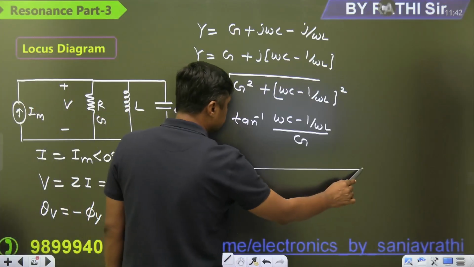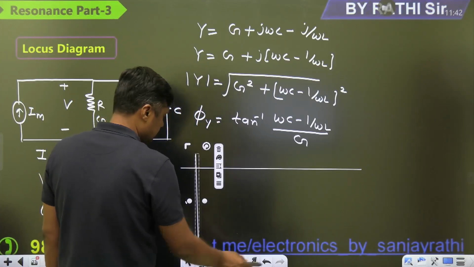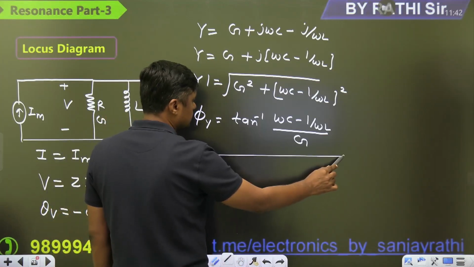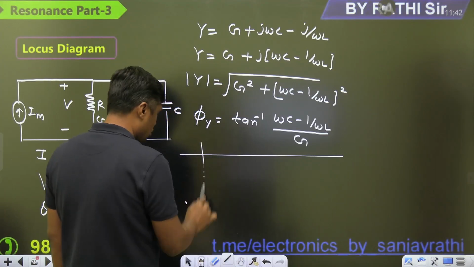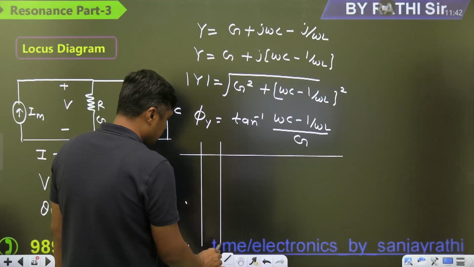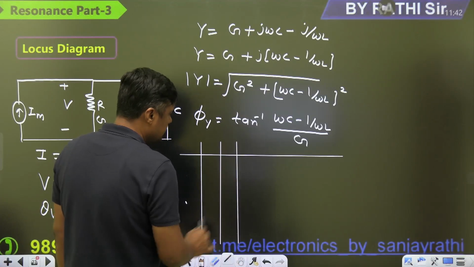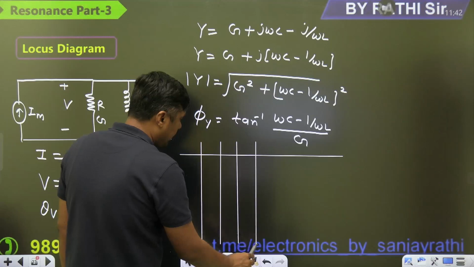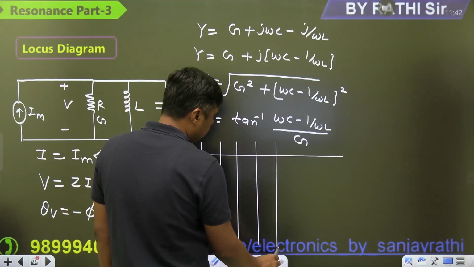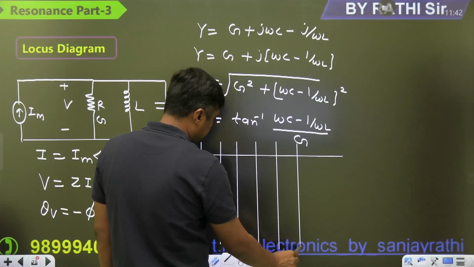You can draw: omega, YL, YC, magnitude of Y, magnitude of V, angle of that.